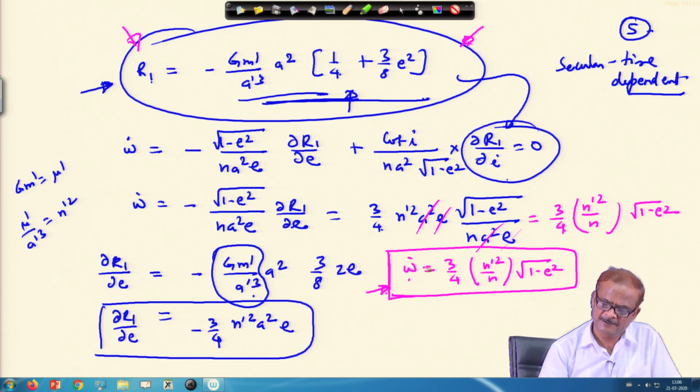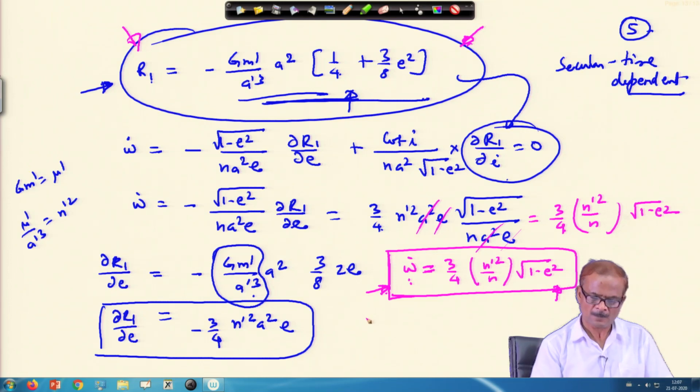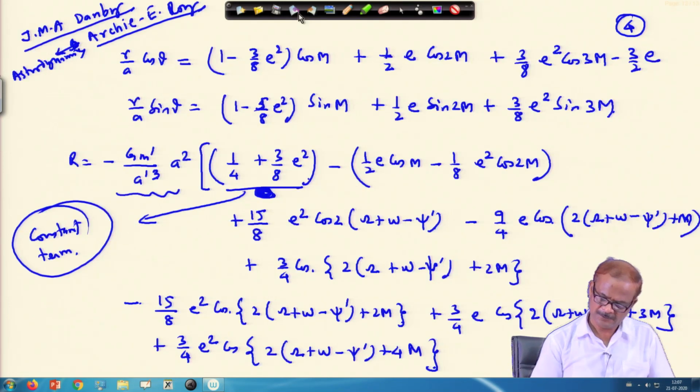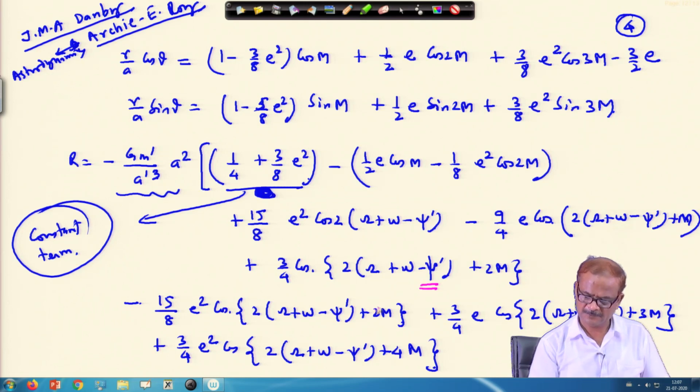Now, if we integrate it, you will see that the t will manifest here in this place. But direct integration we do not do for some of the terms where the psi dot is involved.